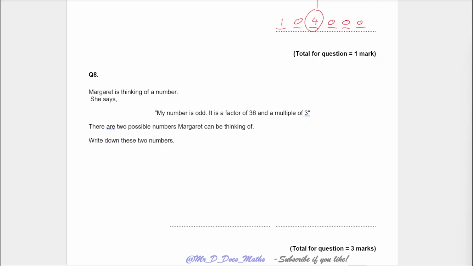So I find this, you've got an option of 2 things really. Arguably you've got 3 things: odd, factors of 36, and multiples of 3. The one that's going to have the least number of outcomes is factors of 36, so I would start with 36.